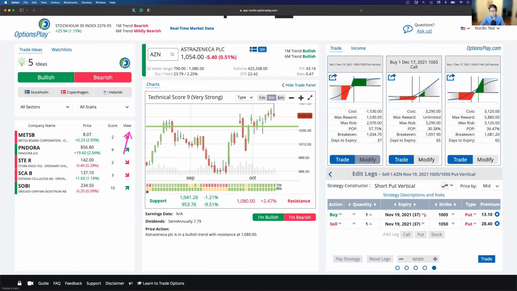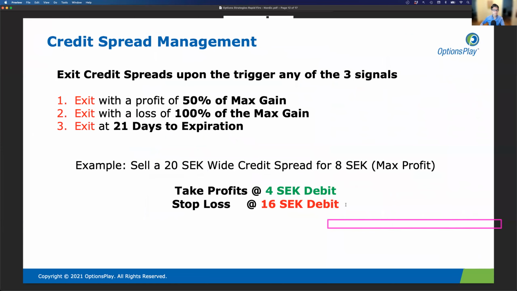1050 put may get assigned to you. And if you get assigned on this, you're going to need 105,000 crowns in order to purchase 100 shares of AstraZeneca. And generally speaking, when we sell credit spreads, we do not want to take delivery of the physical stock. So to avoid early assignment, one of the ways to do this is to exit the trade at 21 days to expiration.